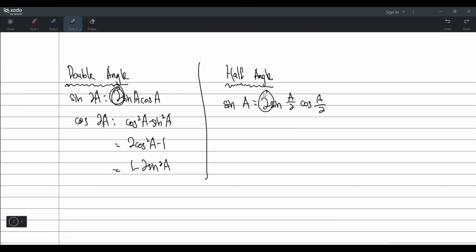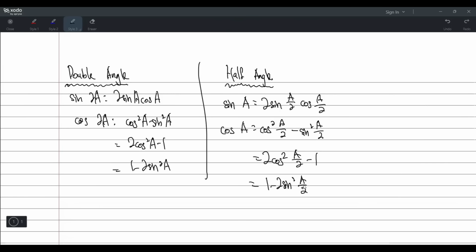This 2 still stays 2. Only the angle is divided by 2. Same with this. If I want cos A, it means the angle must be divided by 2. So instead of cos square A, it becomes cos square A over 2, and then minus sine square A over 2. It's literally the same thing, just that instead of A, it becomes A over 2. And then the last one will be 1 minus 2 sine square A over 2.